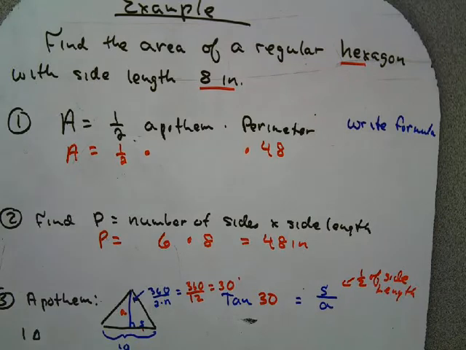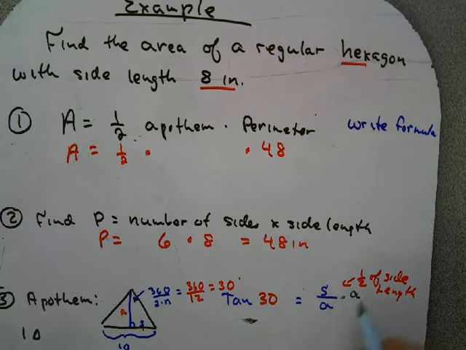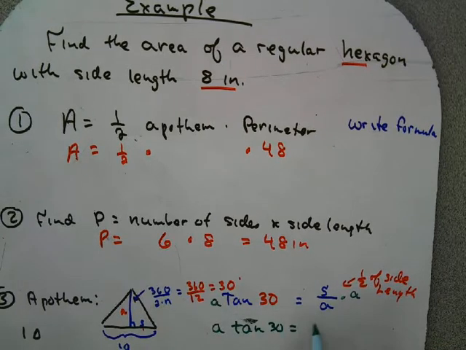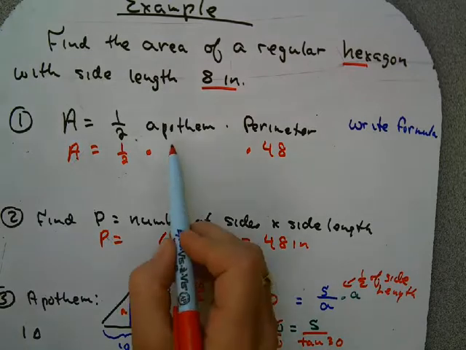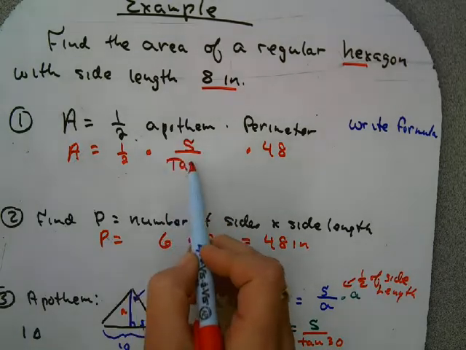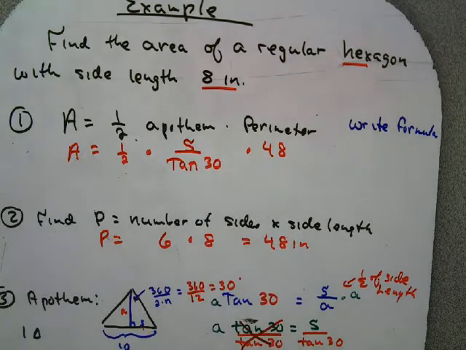And that means if I wanted to solve this for the apothem, multiply by A, and I'd have the apothem times the tangent of 30 equals 4, and then divide by the tangent of 30, and that's the expression for my apothem. I'm going to put this right into my formula just the way it is. I'm not going to simplify it till the end. So I'm just going to put 4 over the tangent of 30 degrees right there. So that's all you need to do.